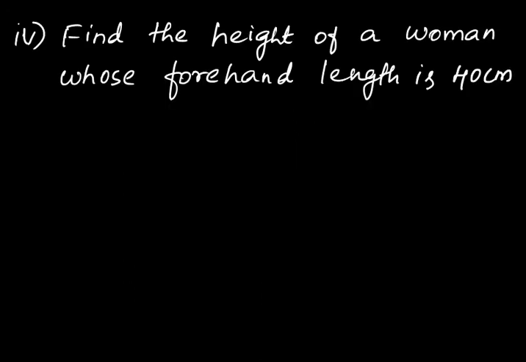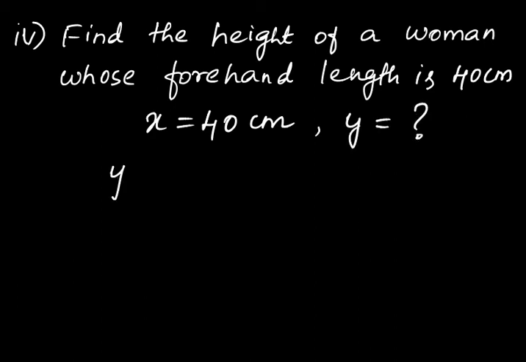Third question, find the height of a woman whose forearm length is 40 centimeters. So here they have given forearm length, which means the given value is x. So x value is 40 centimeters and they are asking the height, so you need to find the y value. So write the equation, y is equal to ax plus b.